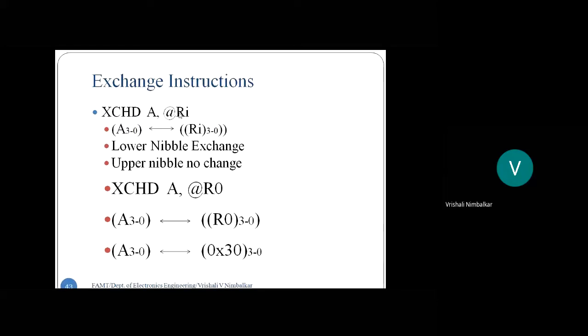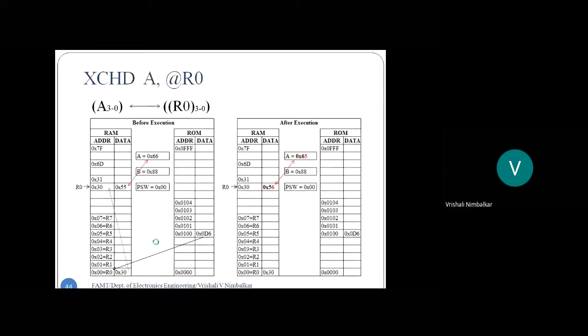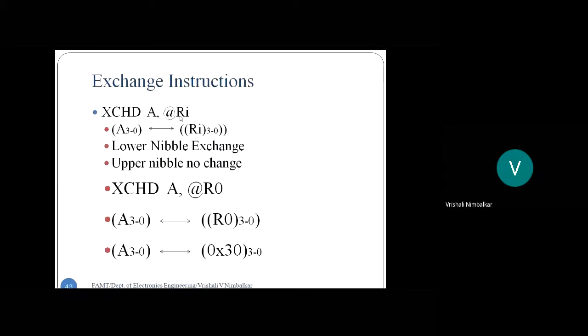There is no other format available. Correct? For byte exchange, see there are 3 options: A comma Rn, A comma direct, A comma @Ri. But for nibble exchange, only the last option is present, A comma @Ri. So XCHD A comma @Ri. That is, the lower nibble pointed by Ri is exchanged with the lower nibble in the accumulator.